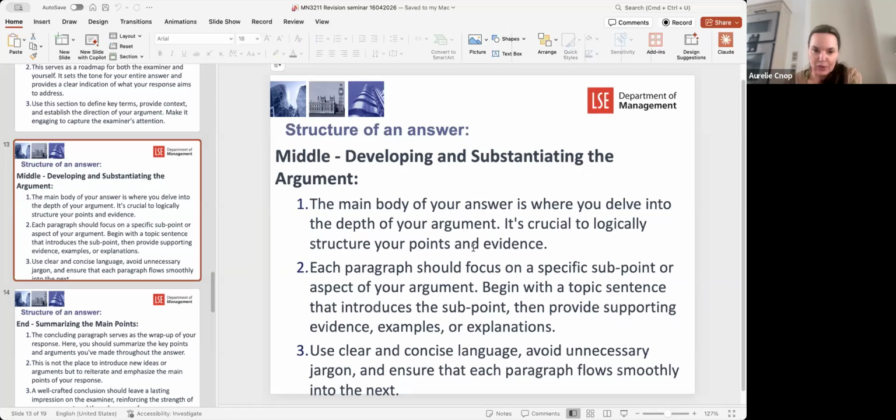So use clear and concise language. Avoid unnecessary description; you have neither the time nor the space. And ensure, and that's very important, that each paragraph is integrated with the next.